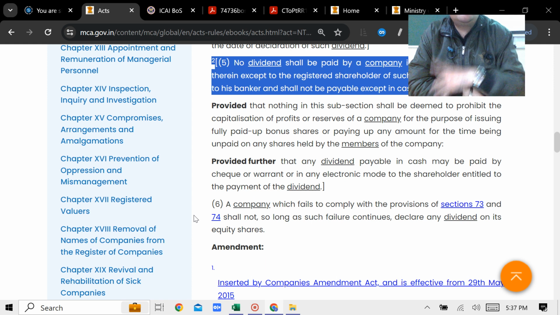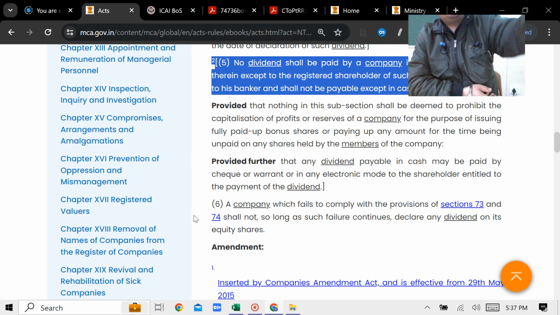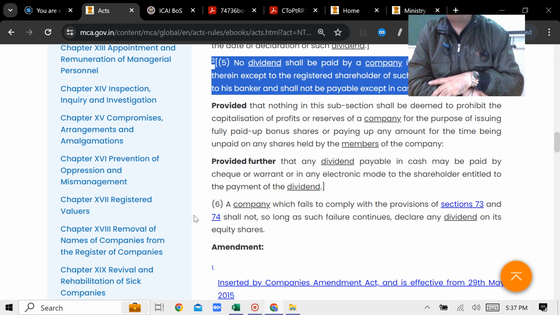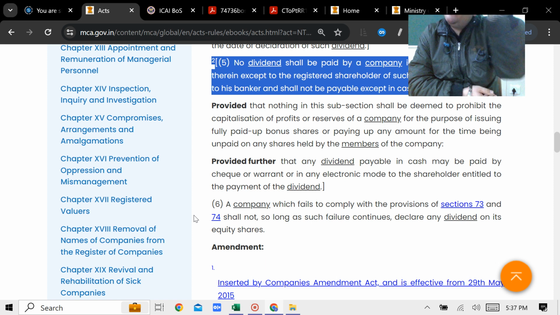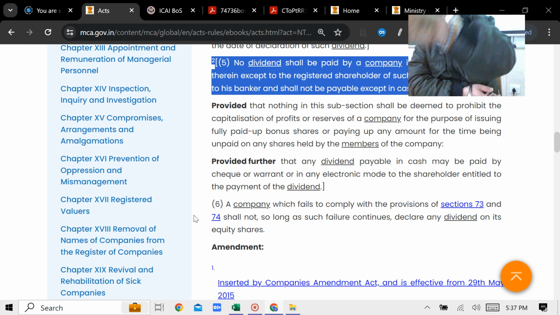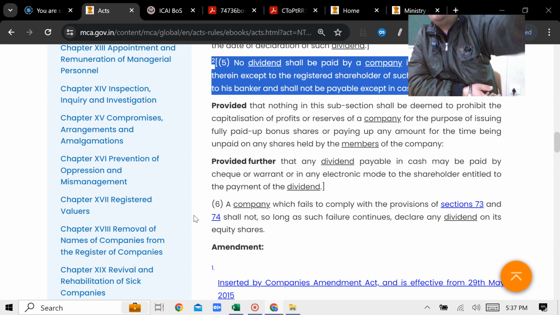Why? Deposit holders' payment is compulsory, whereas dividend payment is optional. So what is the common sense? Common sense is that you should pay the outsider liability first. So what did the law say? We do not want to go by common sense. Let's make the provision: if under section 73 and 74 a deposit is matured but not paid, you can't declare the dividend.